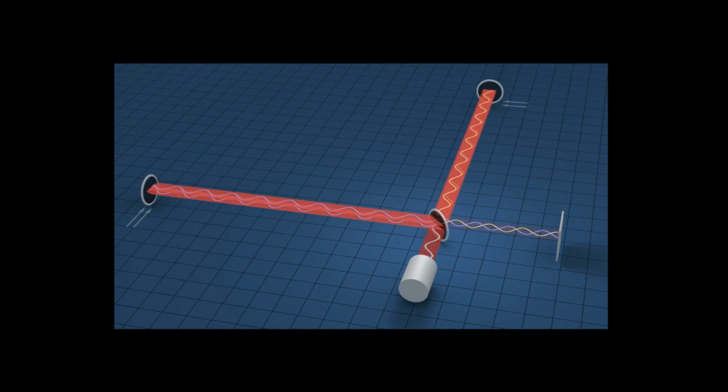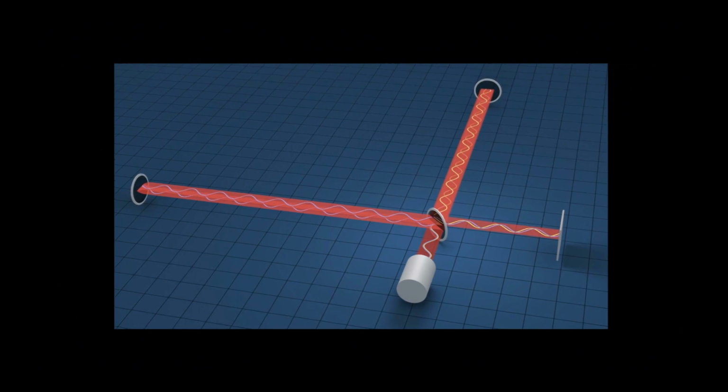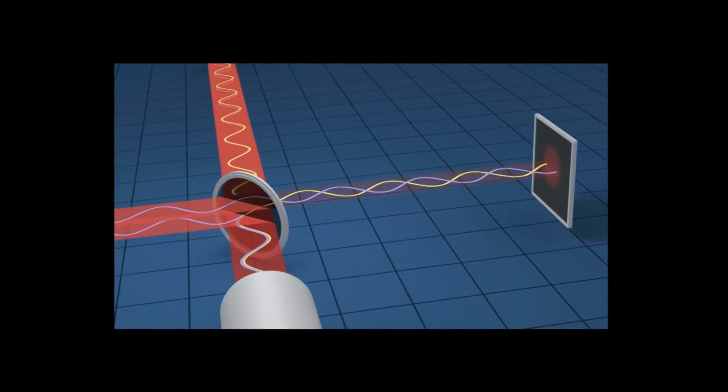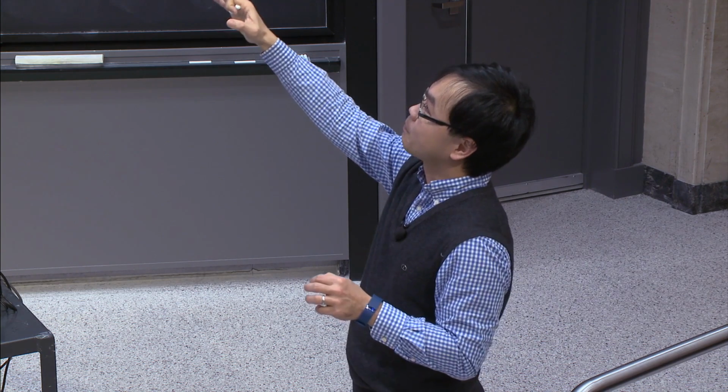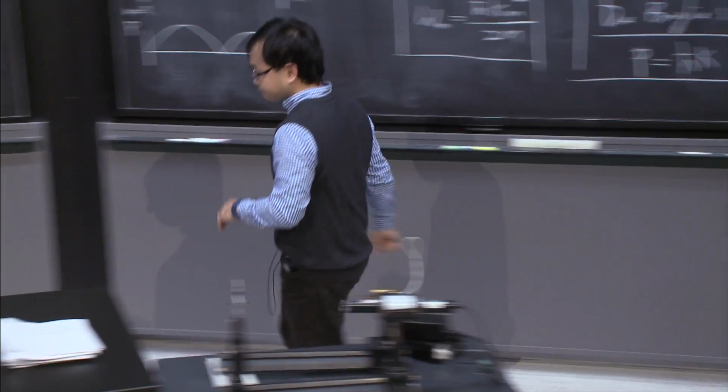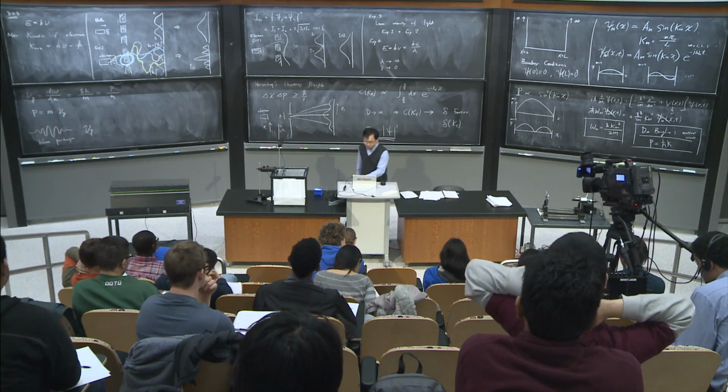And when the gravitational wave comes in, it really changes the length between the splitter and the mirror. Therefore, you will see constructive interference at the photodetector. So that is really cool.